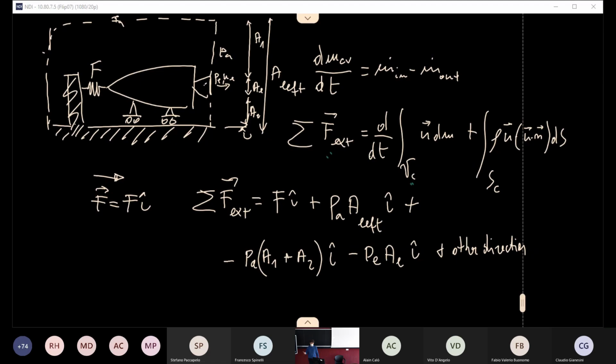If it's operating at steady state, nothing is changing inside. So the velocities, if we have some velocities, because there is a fluid inside here, so if you look to this integral, there will be that UDM is not zero, but the change of UDM, of the integral of UDM in time is zero if you are considering steady state operation. So this term vanishes.